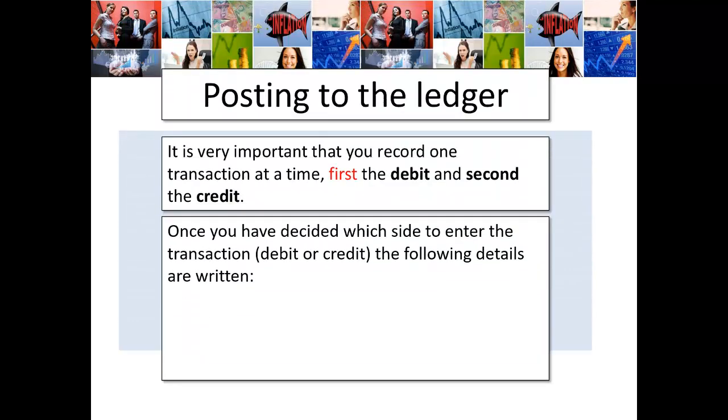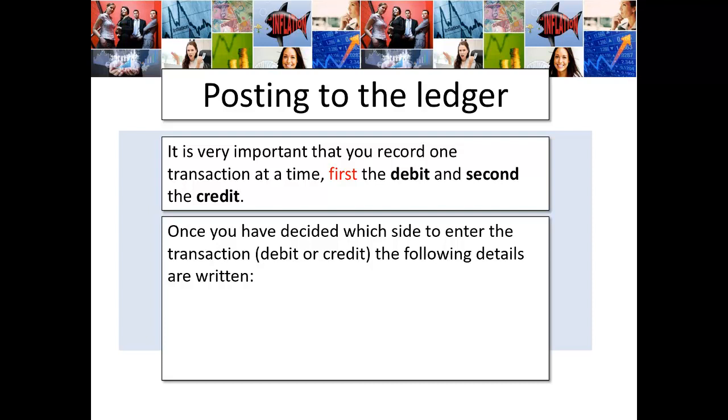Okay, posting to the ledger. Really important that you record one transaction at a time. Don't try and do multiple transactions. First comes the debit, second the credit. Debit first, credit second.